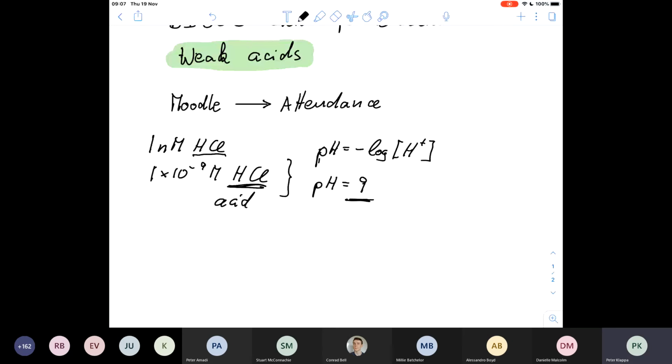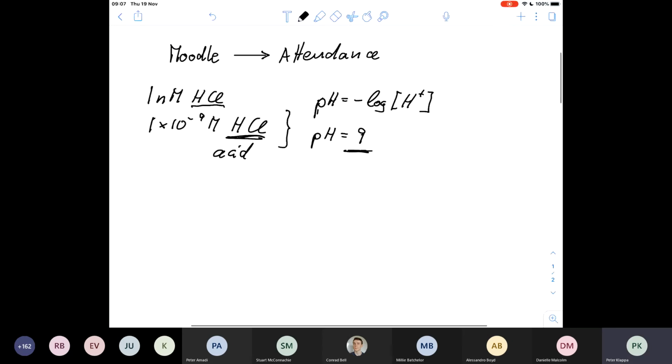So, what could happen? Let's think about it logically. We have 1 nanomolar HCl, right? That means if we have a liter, we have 1 times 10 to the minus 9 mole per liter HCl or protons, which come from the HCl, right?